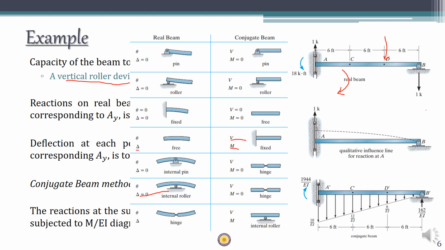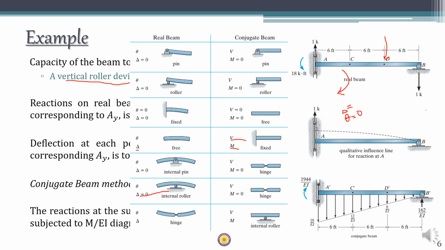So here we have a slider, and in the slider theta is zero, right? The slope is zero and delta is non-zero.